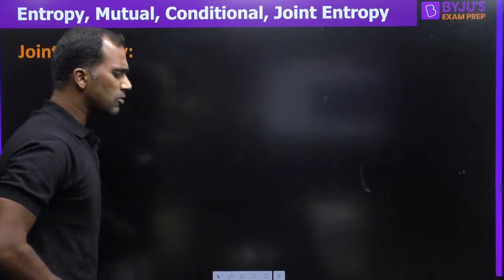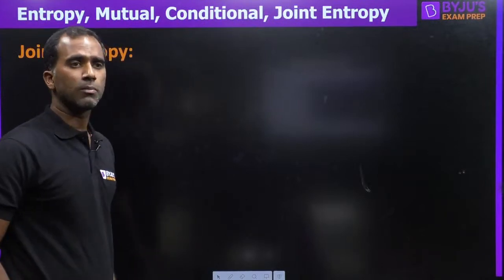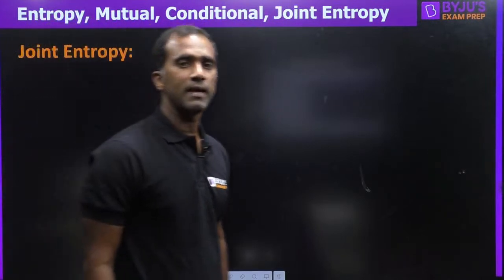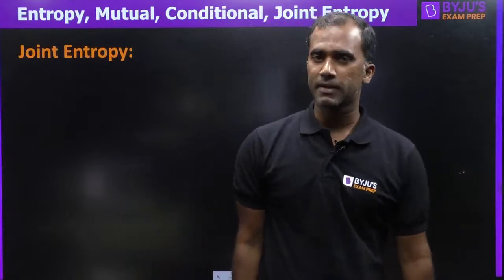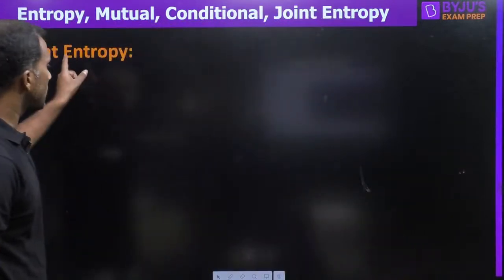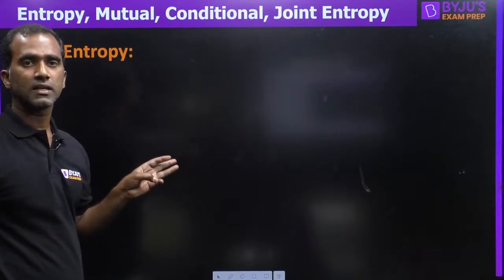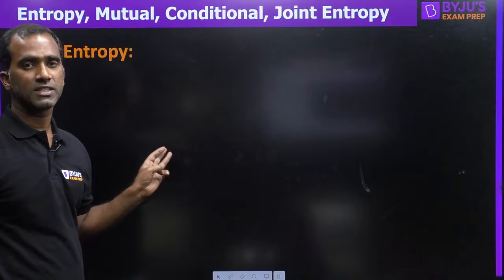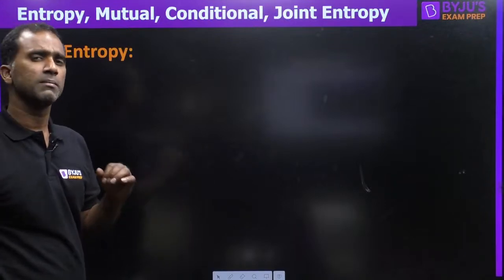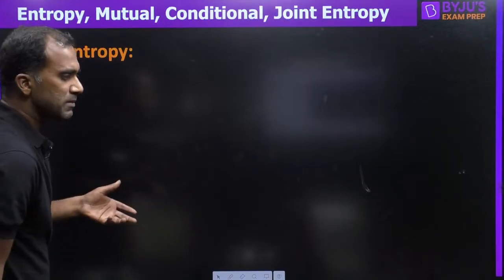Right. So let us talk about joint entropy. Now we're going to talk specifically about binary symmetric channel, because we're talking about joint entropy, mutual entropy, or conditional entropy. These three things correspond to a binary channel, not binary symmetric channel specifically, but binary channel. It need not be symmetric only.